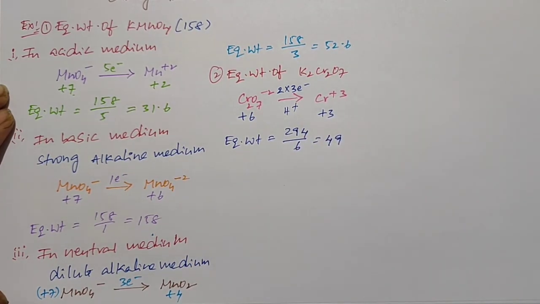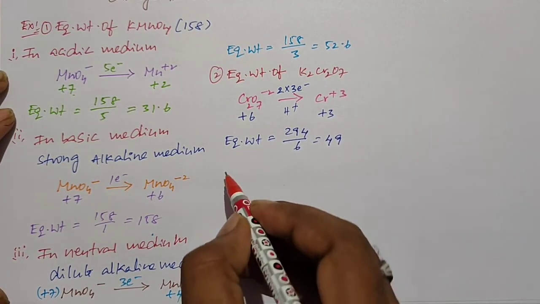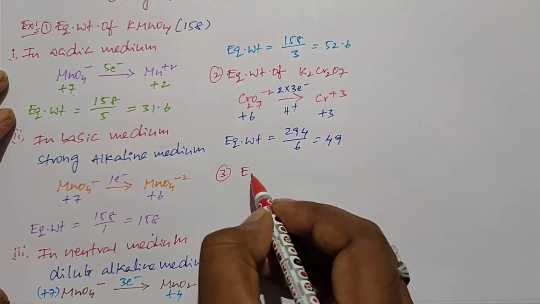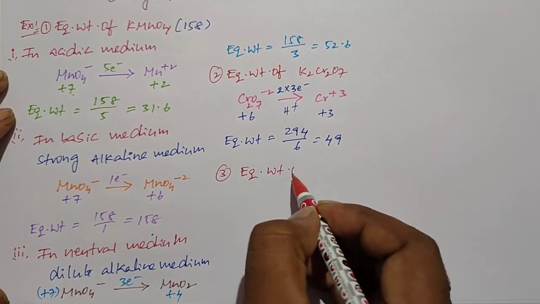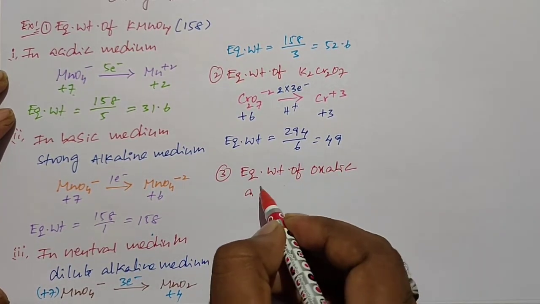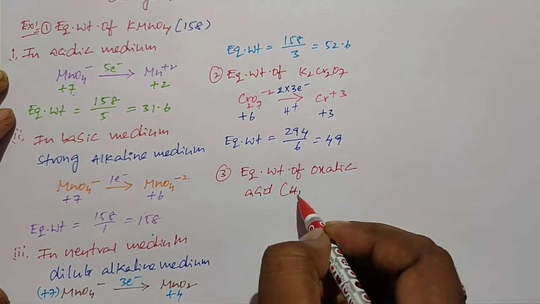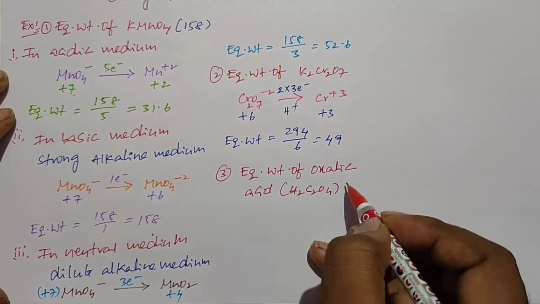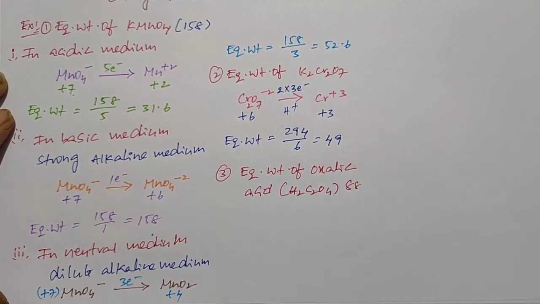Next, third example, equivalent weight of oxalic acid. Formula H2C2O4, and its molecular weight is 88 grams.